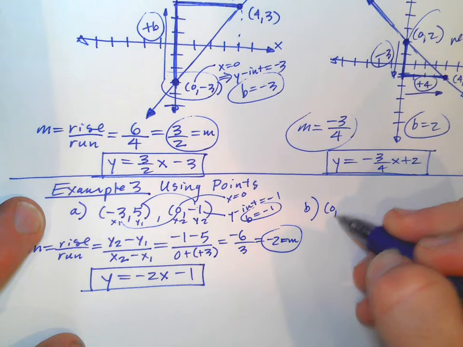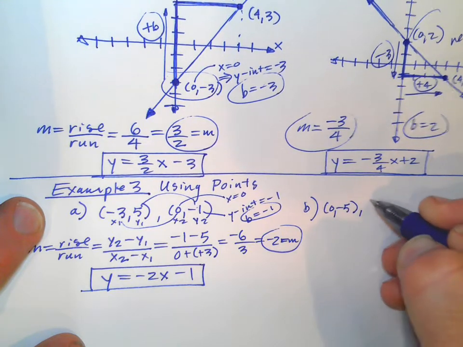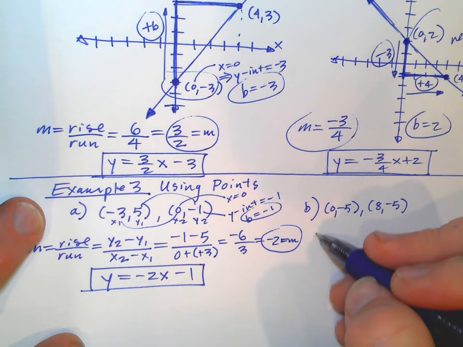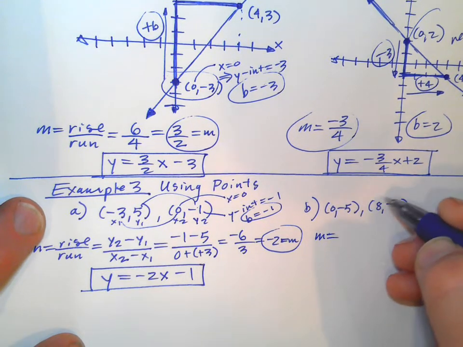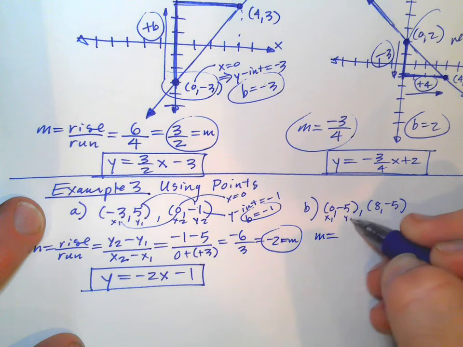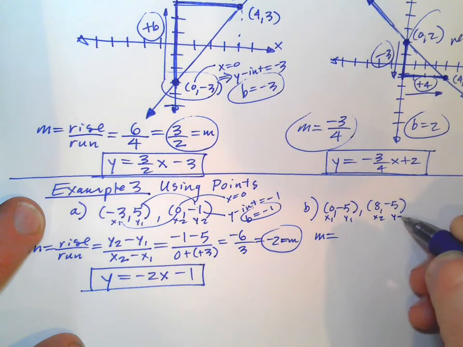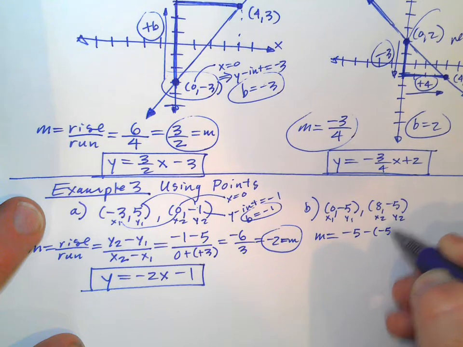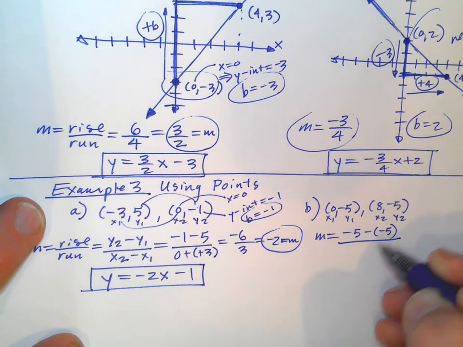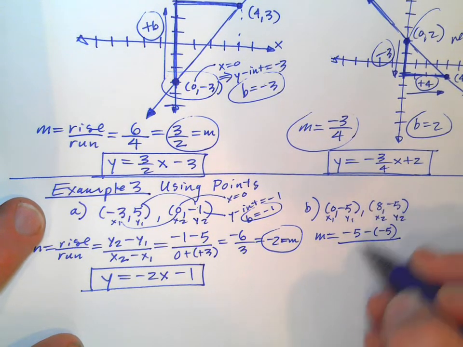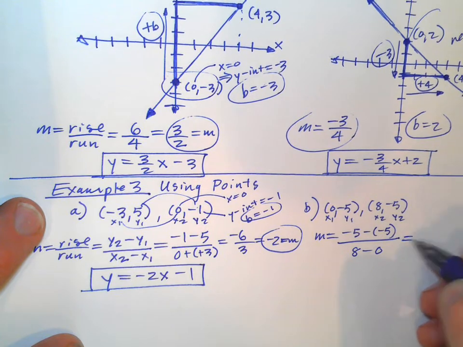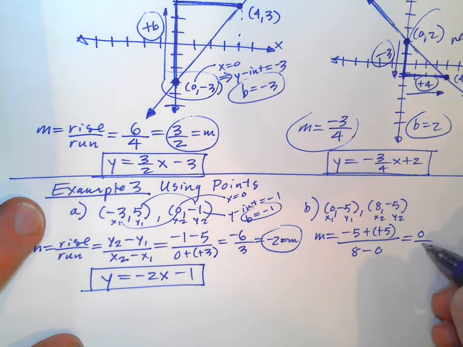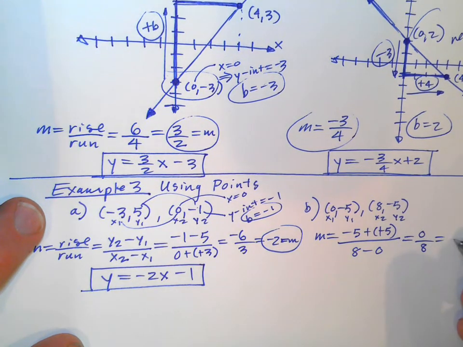Okay, (0, -5) and (8, -5). So we can do x1, y1, x2, y2, y2 minus y1. Be careful, lots of negatives. -5 minus -5 over 8 minus 0. Minus minus becomes plus, -5 plus 5 is 0. 8 minus 0 is 8. 0 divided by anything is 0.